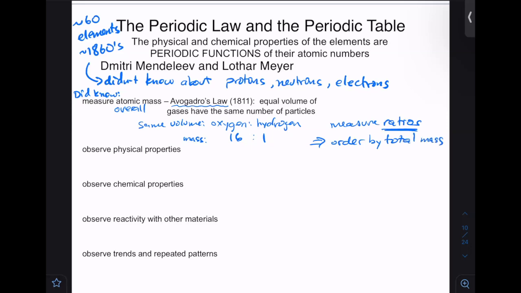Okay? They could also observe lots of physical properties and chemical properties. And by now, I would hope you know the difference between a physical property and a chemical property. Some of the physical properties they were looking at, here are some that you haven't heard of before, perhaps, like whether something was malleable or ductile.